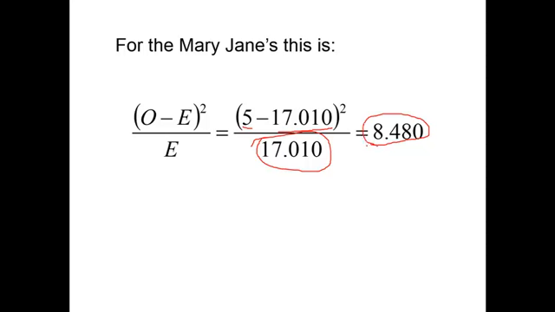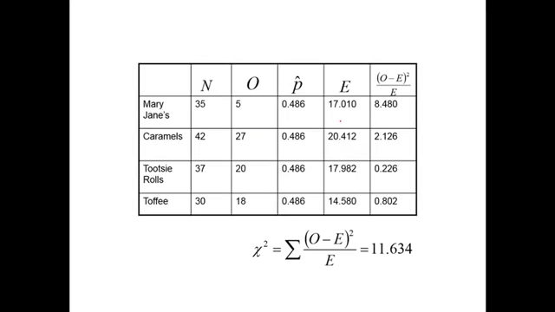We get our estimate, 8.480, and so that's what's out. We do this for all of them. So we were almost 8.5 out of line here. For the caramels, we were about 2.16. For the Tootsie Rolls, we were very close. And for the toffee, we were very close.